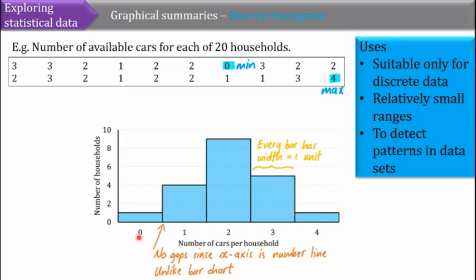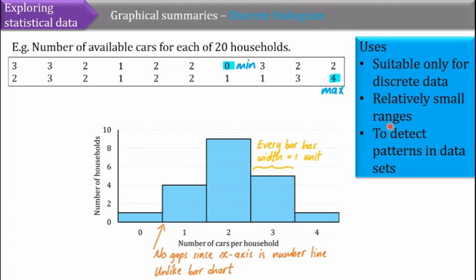In other words, there might not be a natural order to what you are representing on the x-axis, so the order doesn't always matter. And because it's categories, we usually leave gaps between them to show that these things are separated from each other.